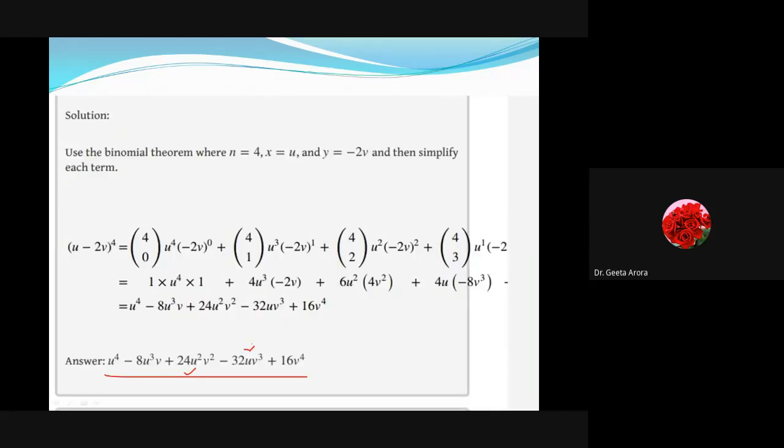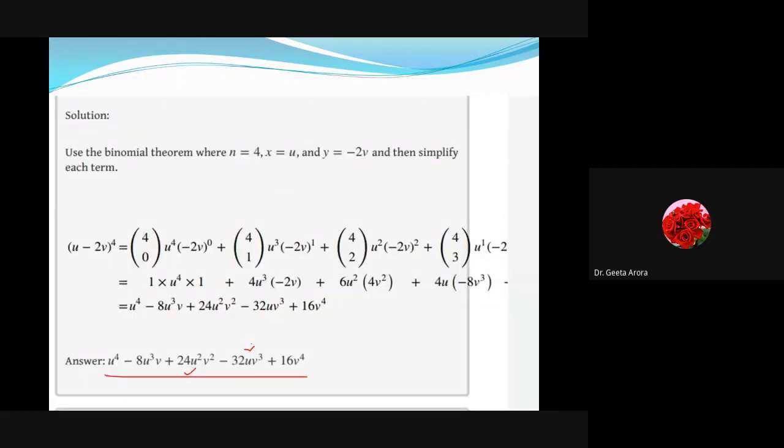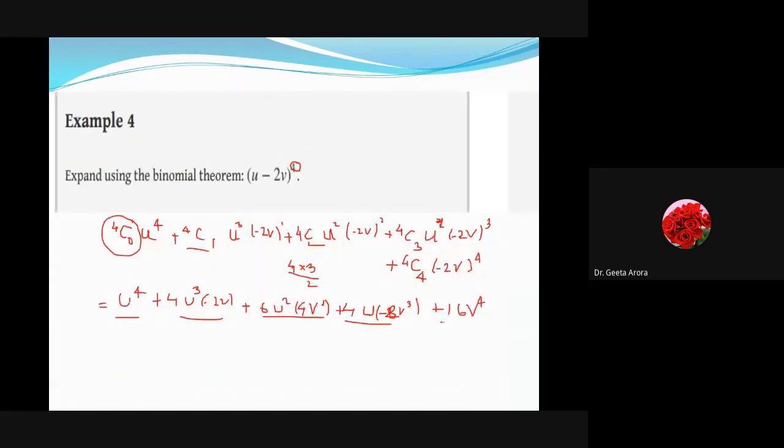And the last term we have is 16 v4. It is the last term that I asked from you, but you have not answered. This is not good. I hope you are getting it. Any doubts, let me know.